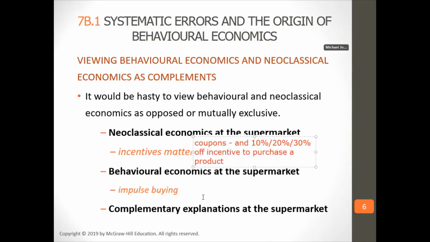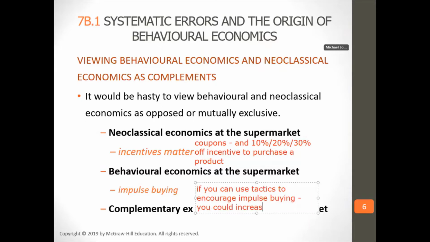And then behavioral economics at the supermarket is impulse buying. If you can use tactics to encourage impulse buying, you could increase sales. Can you think of any tactics that would make people more likely to purchase on impulse?